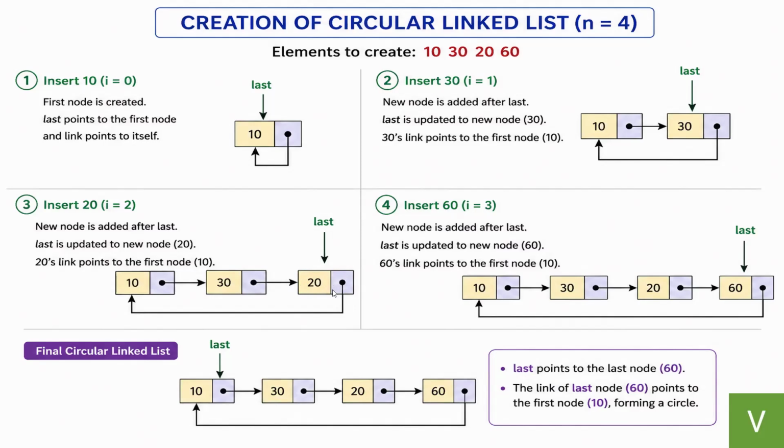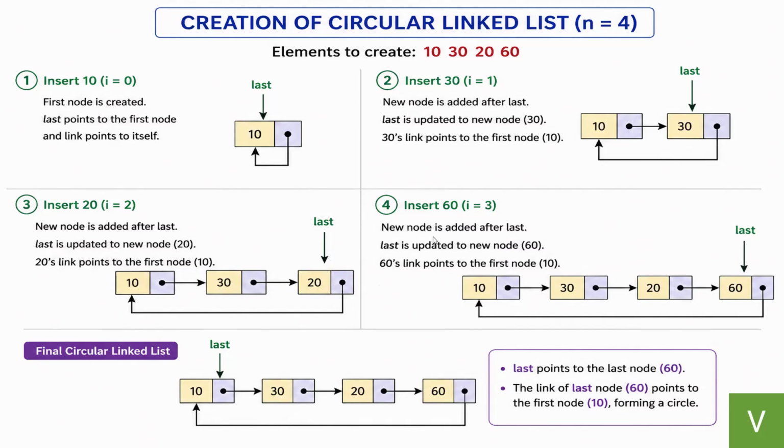And step 3, the address of the last node corresponds to the first node, and also the previous node's address should be updated, and the last pointer variable should be updated.